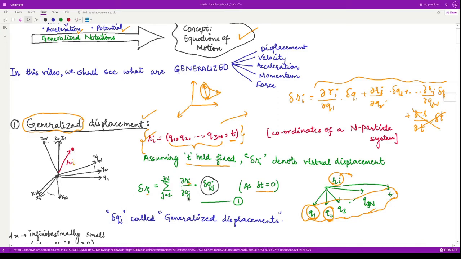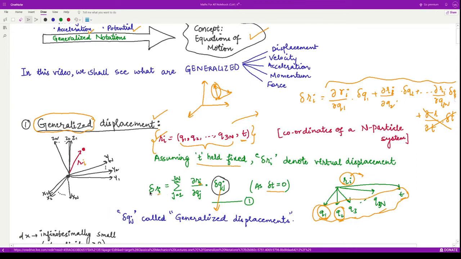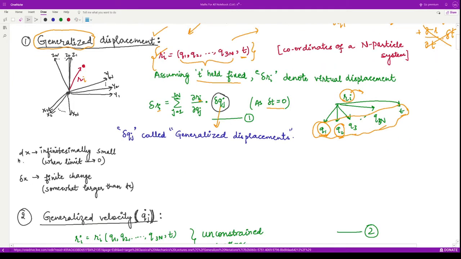Now this delta qj is known as the generalized displacement, whereas this delta Ri was our displacement in the usual sense. So now, do you know the difference between this dx and delta x? dx refers to a very small change, a change that is infinitely small as the limit goes to 0, and delta x is a change which is somewhat larger than this change, right?